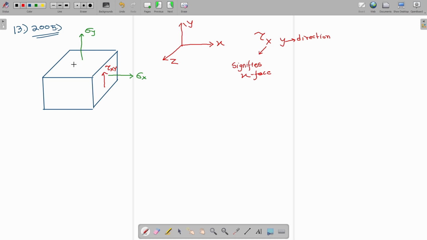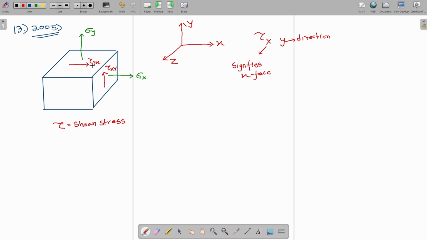Similarly, another stress component is acting like this. This is tau yx. Here tau is the shear stress. Y represents the face along which the shear stress is acting, and x is representing the direction in which it is acting.